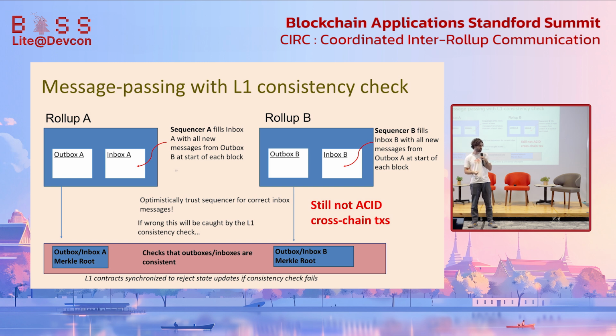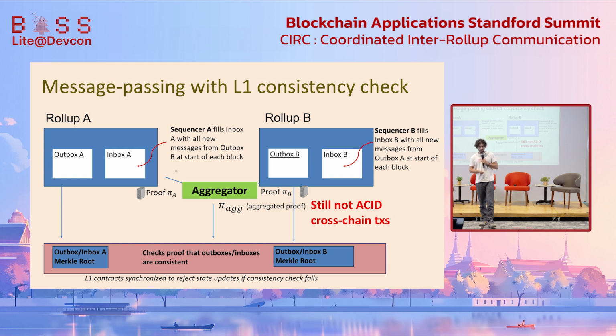So dishonest sequencers could cause short-term reorgs. So ideally, you would have an additional mechanism that allows the rollup operators of the chain, the full nodes of the chain, to detect when sequencers misbehave. Another thing that you can do for greater efficiency is, instead of implementing these cross-checks between the mailboxes on the layer 1, if the rollups themselves are ZK rollups, then you can actually just aggregate proofs from the different rollups.